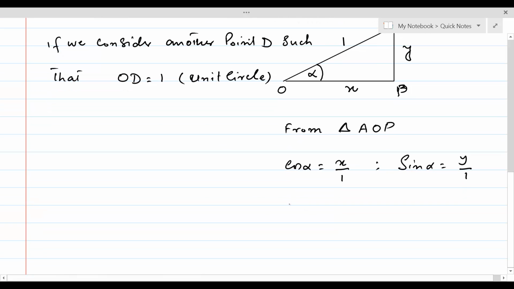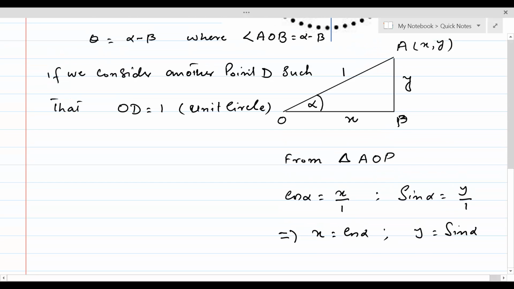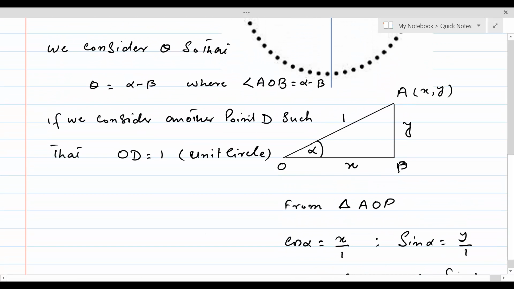This means x is equal to cos alpha and y is equal to sine alpha. So what we are trying to prove here is that the coordinates of A would be cos alpha, sine alpha, where alpha is the angle which OA is making with the x-axis.